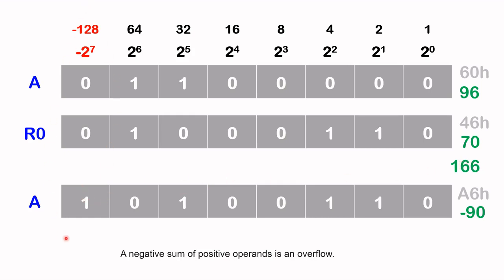But in a signed notation, this becomes negative 90, and that is actually an overflow, because you can't have two positive numbers resulting in a negative value. All right, so let's move on to the next bit.